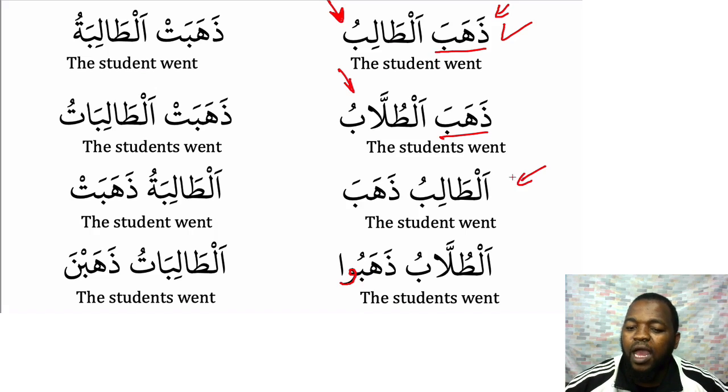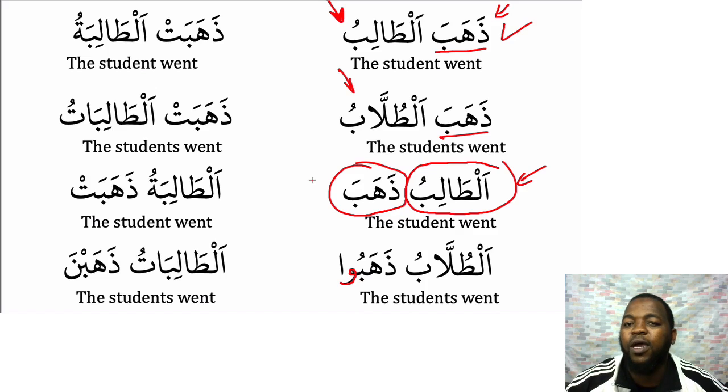Now when I say الطالب ذهب, the rules change because now we have a nominal sentence. In a nominal sentence, we have to identify the subject, الطالب, and the predicate, ذهب.